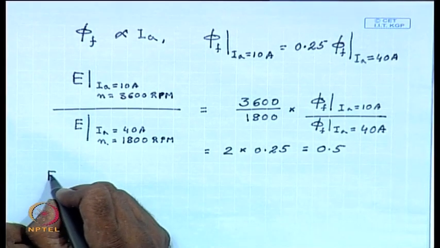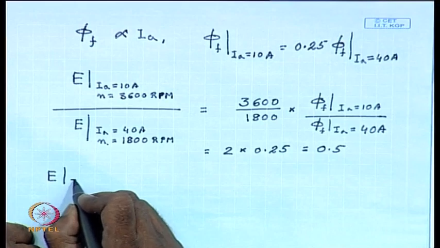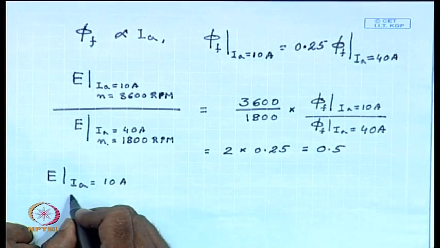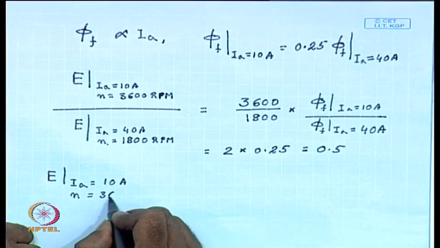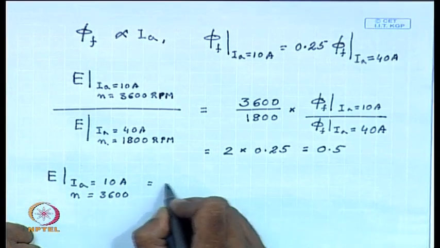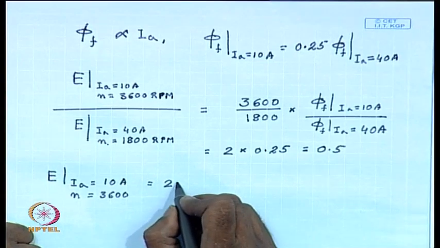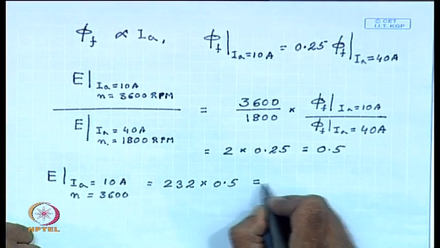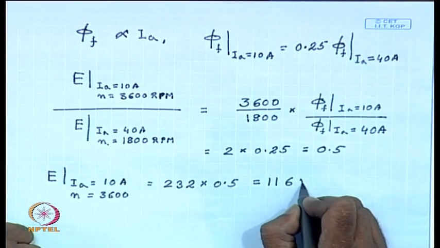So, E at I A equal to 10 amperes, N equal to 3600 equal to 232 into 0.5. This comes to 116 volts.